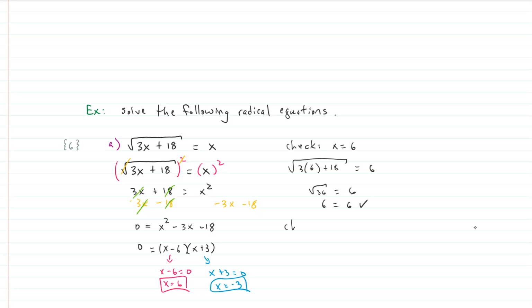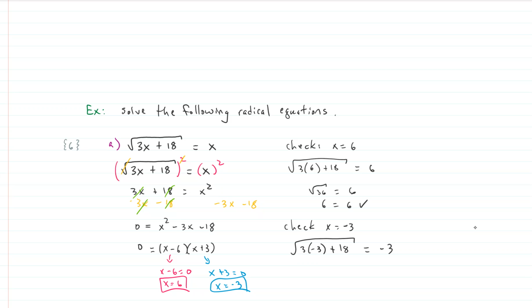Now let's check x equals negative 3. And we get the square root of 3 times negative 3 plus 18, that's all under the square root, and that equals negative 3. So 3 times negative 3 is negative 9.